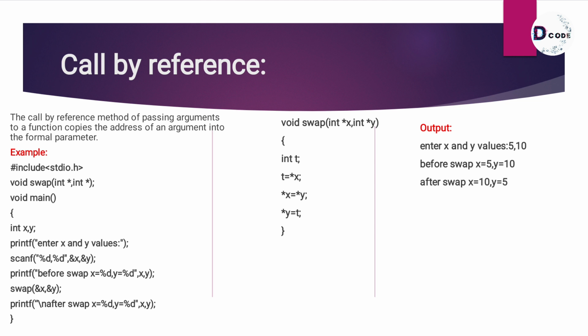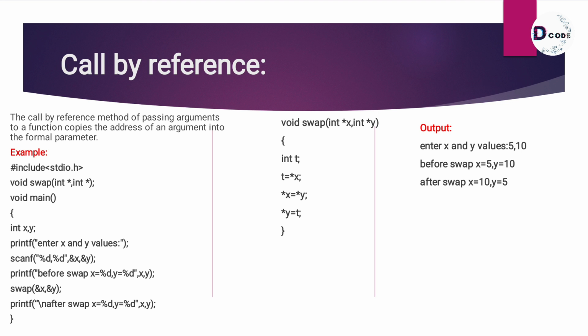Here you can see a program of swapping of two numbers by using the call by reference method. Here the compiler does not return anything, so we use void as return type. When the compiler enters into the main function, it reads x and y as actual parameters, then it prints enter x and y values, then it prints the values of x and y before swapping, then it goes into the swapping function, and here int *x, int *y are considered as formal parameters.